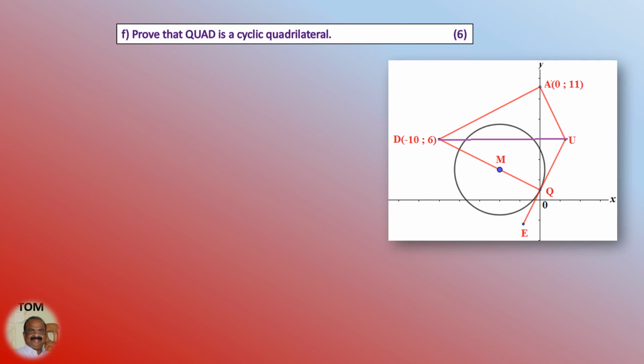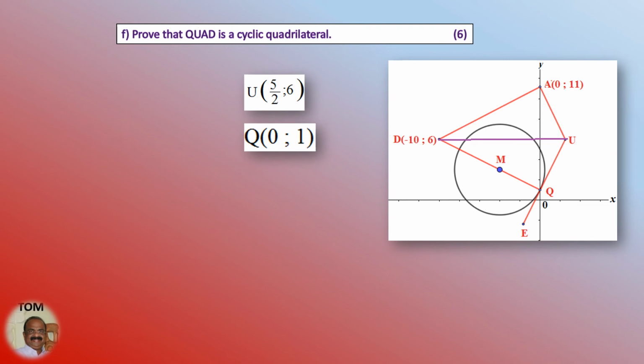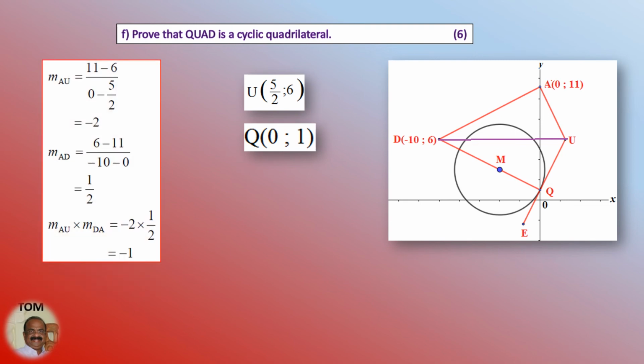Prove that QUAD is a cyclic quadrilateral. Now we do have all the coordinates. U is 5 over 2, 6. Q is 0, 1. Okay. Let us start now. We learned cyclic quadrilateral in Euclidean geometry.